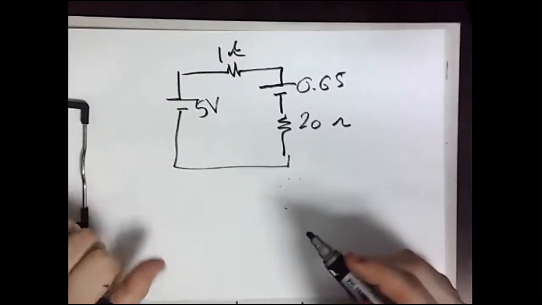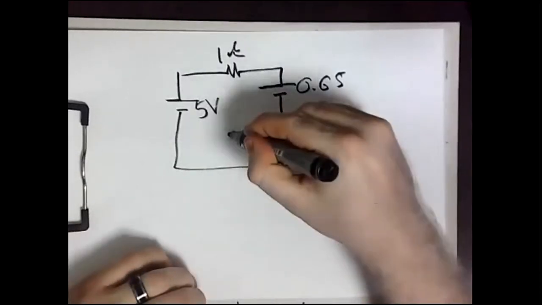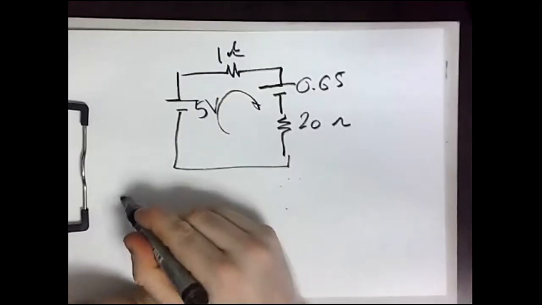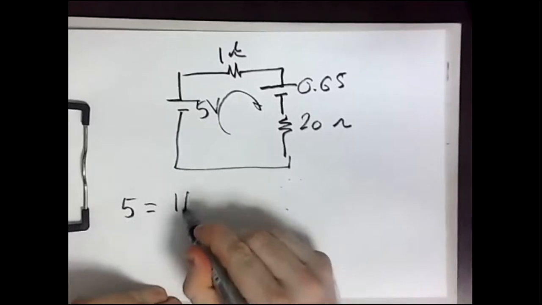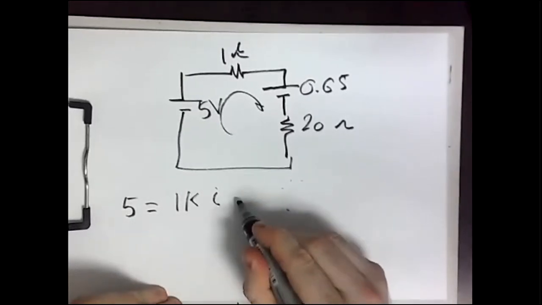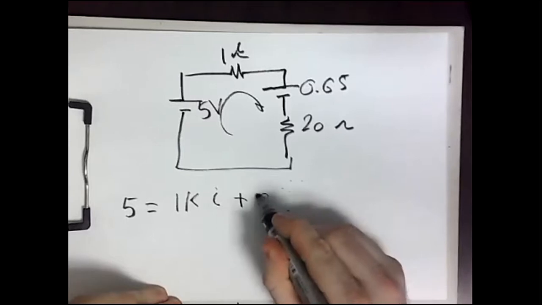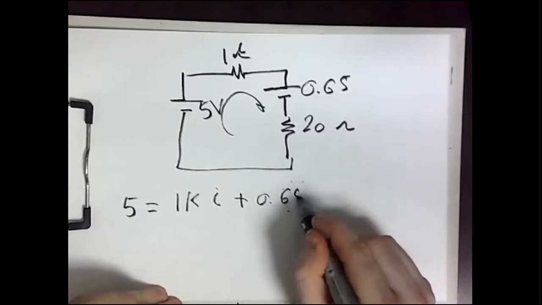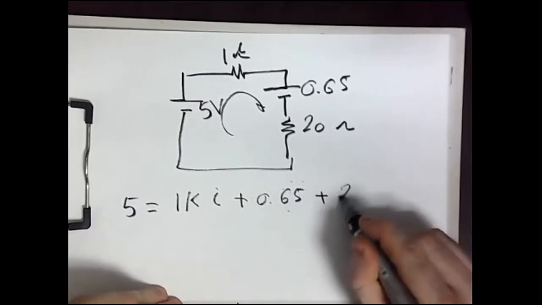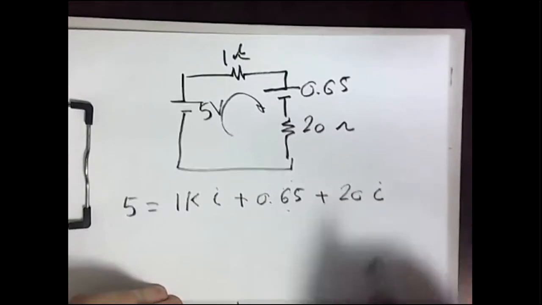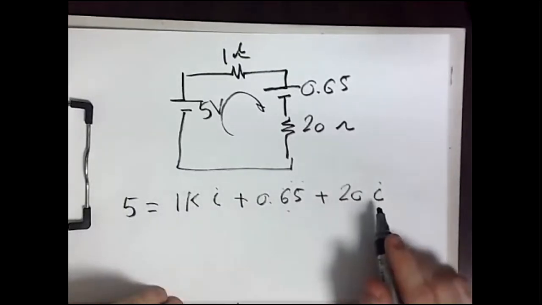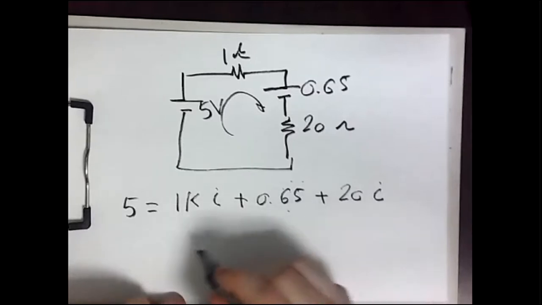Again, you can use the KVL to answer this question. So you will have this loop. Then 5 equals 1K times I plus 0.65 plus 20 I. This is one unknown equation. Using a calculator, you can solve it.